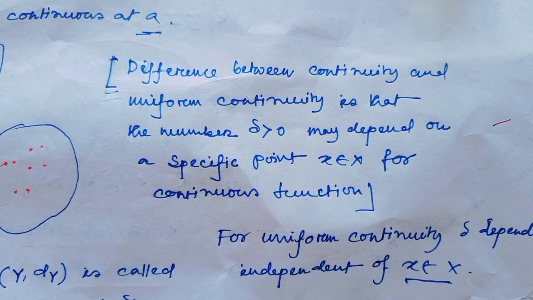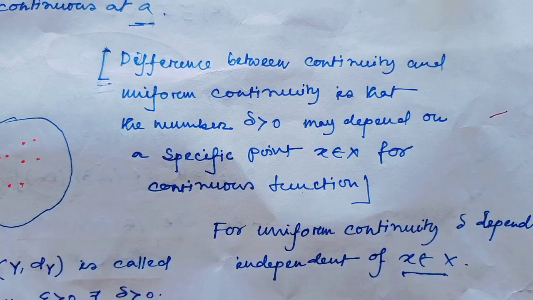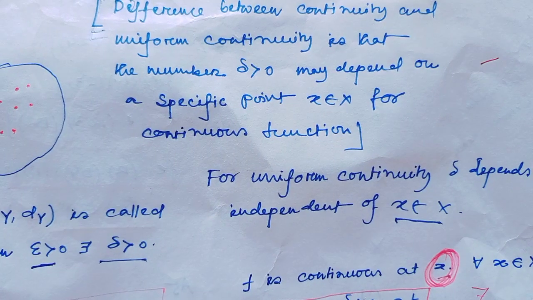Uniform continuity is always defined on a set, whereas continuity is defined at a point or on a set.